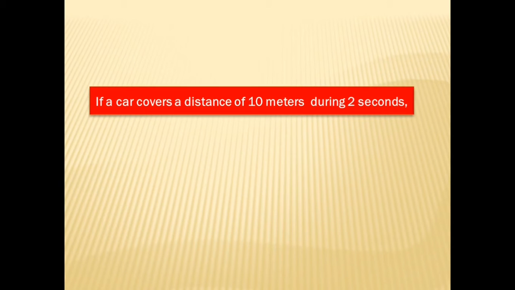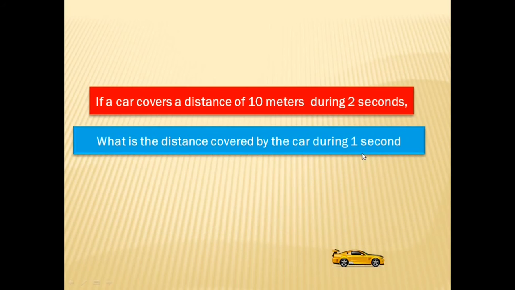If a car covers a distance of 10 meters during 2 seconds, for example, like this one, what is the distance covered by the car during only 1 second? Concentrate.